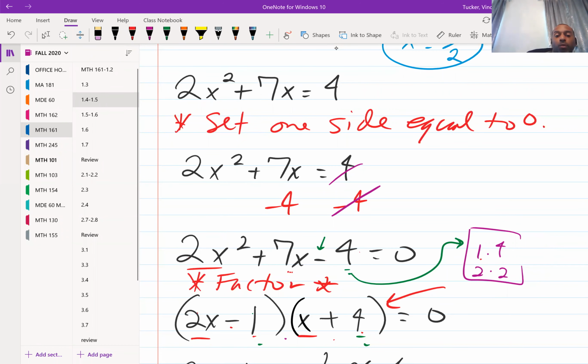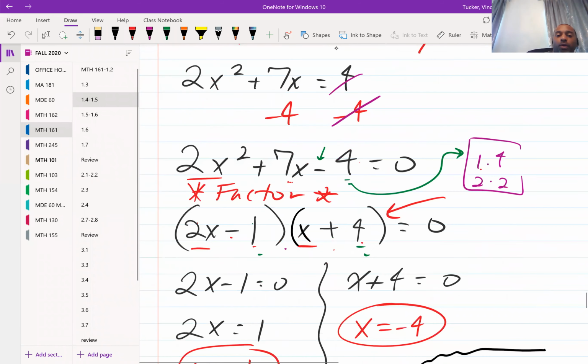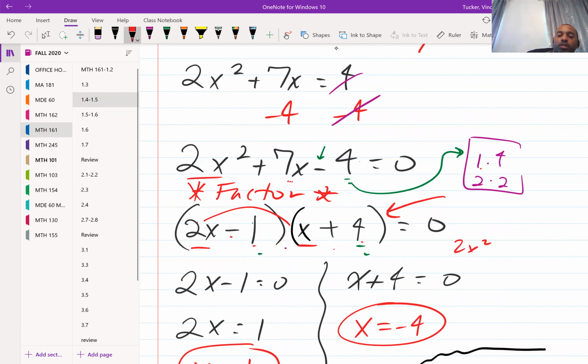And so this will work for us. If I were to fold that out, that's 2x squared plus 8x minus 1x minus 4. And then adding these together will give me a positive 7. So that's what I mean by fold it back out to see what I get originally.